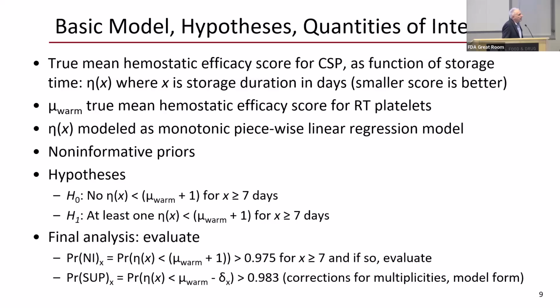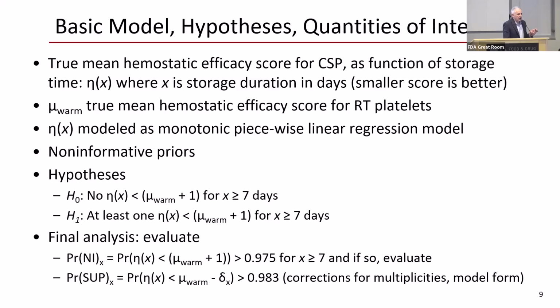The null hypothesis is that there is no storage duration for which the hemostatic effect of cold stored platelets is within 1 unit of that of warm stored platelets. And the alternative hypothesis is that there is some storage duration of 7 days or greater for which the hemostatic efficacy of the cold stored platelets is non-inferior to warm stored platelets.